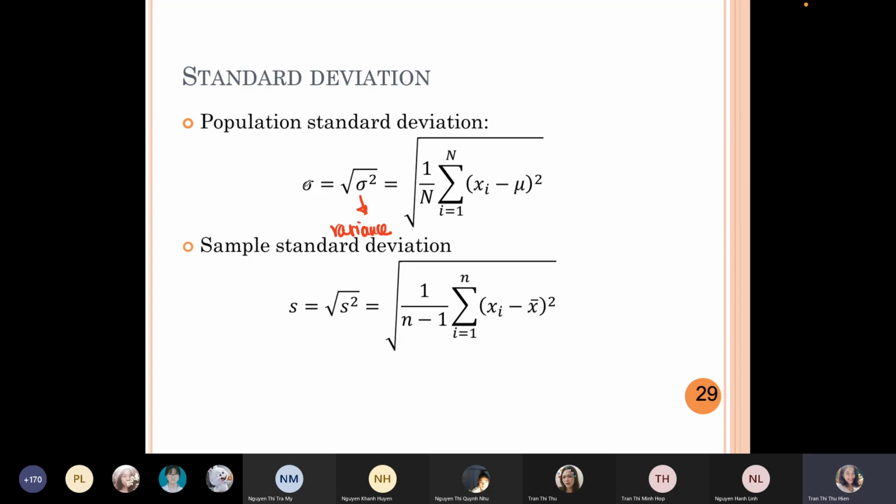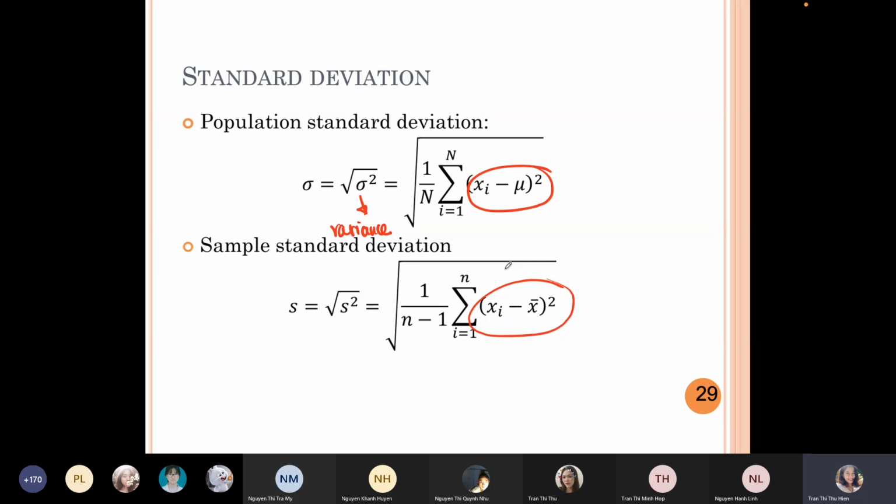And this is the notation for the standard deviation of the population, sigma. And s is the notation for the sample standard deviation. So when you look at the formula here, the meaning of standard deviation and variance is quite the same.